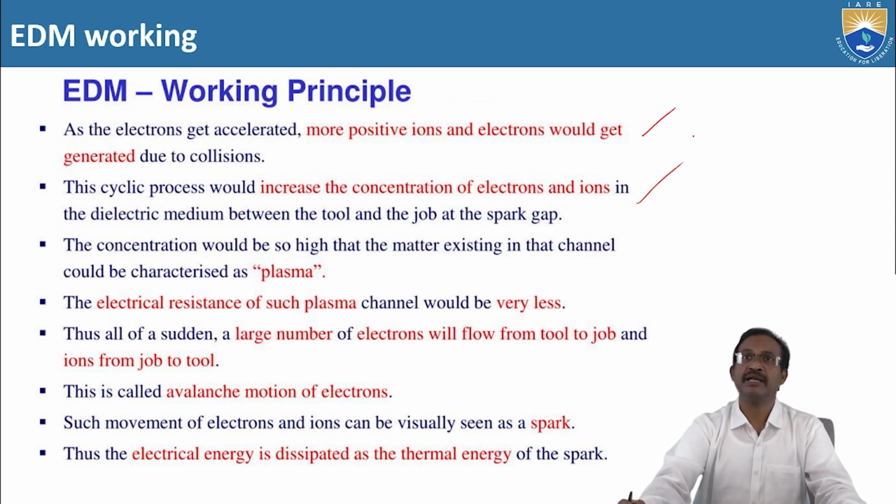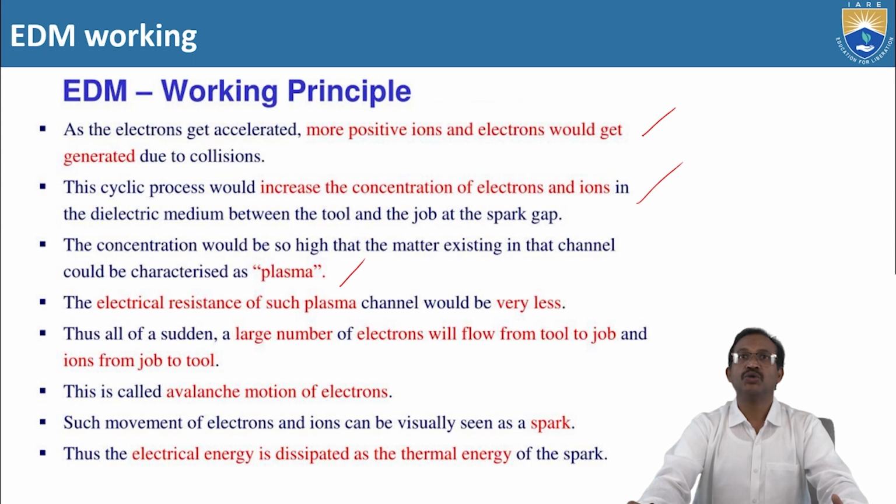Already we mentioned that there would be a gap between tool and the workpiece. The concentration would be so high that the matter existing in the channel could be characterized as plasma.